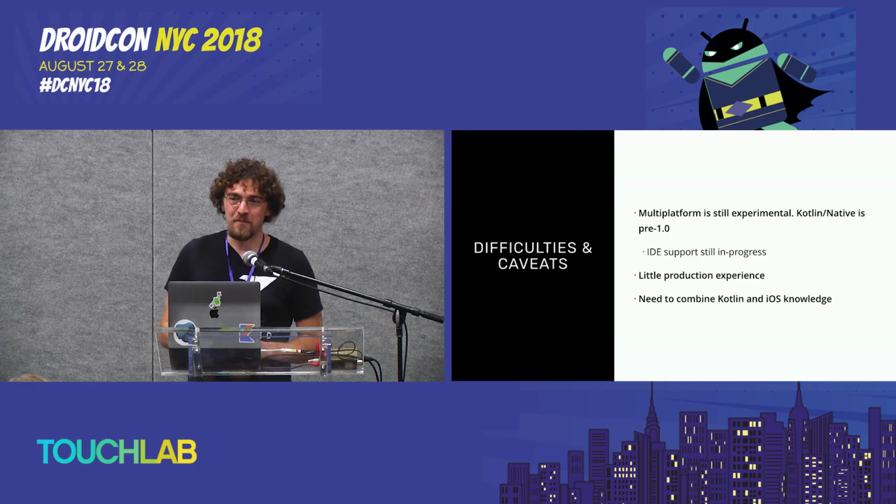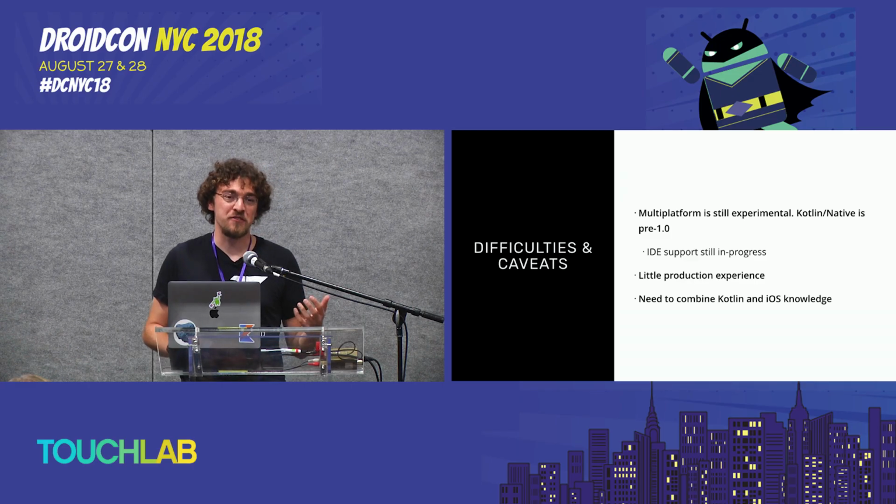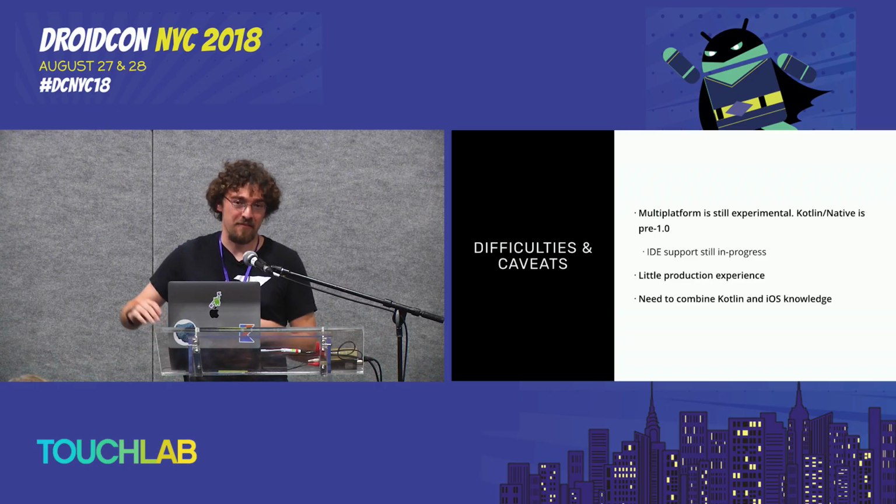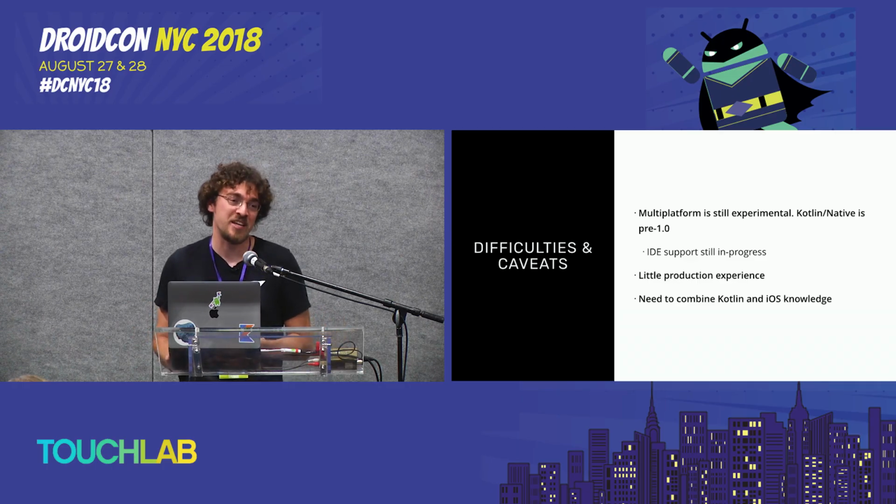So we need to start as a community doing more outreach to our iOS developers, getting them interested in helping us bind all this stuff together, because they know these APIs that we need to call into, and we know the language that we want to write it in. I suspect this is going to look a lot like what Kotlin on JVM looked like for Android maybe 2 or 3 years ago, where some people were getting really excited by it, but you had to start getting buy-in from the rest of the community.